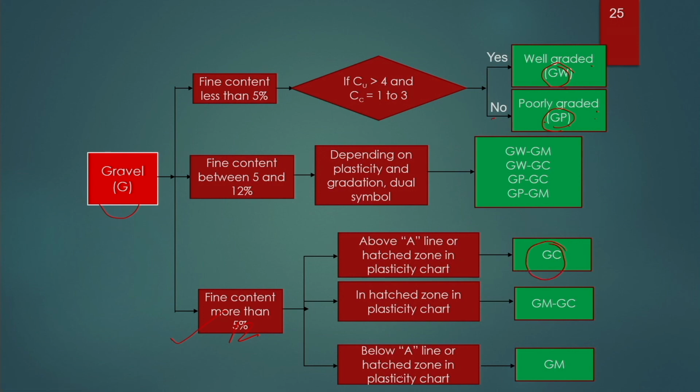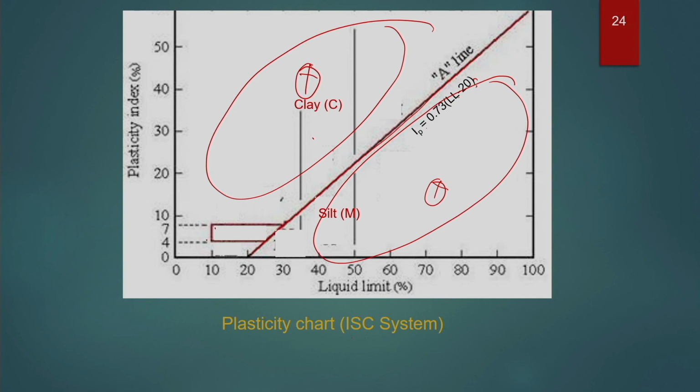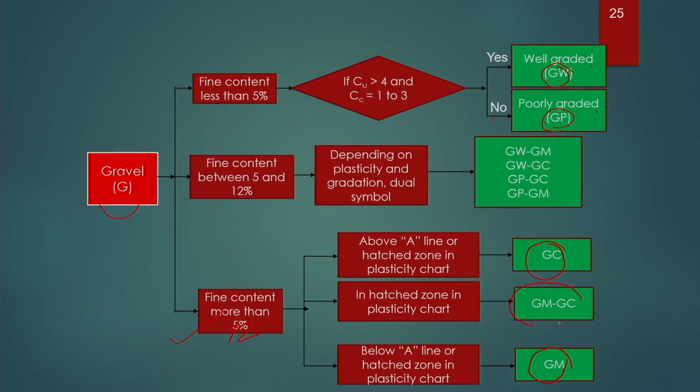If the soil falls below this line, it will be known as GM. And there is a hashed portion over here. If the soil falls on this zone, then the soil can be classified as GM-GC. So, this holds good for gravel.